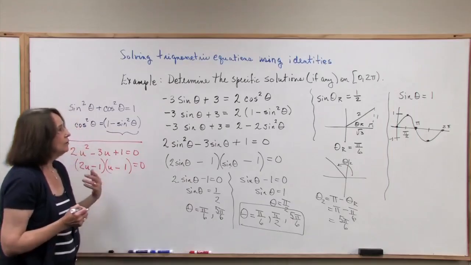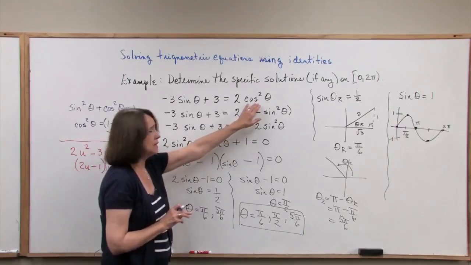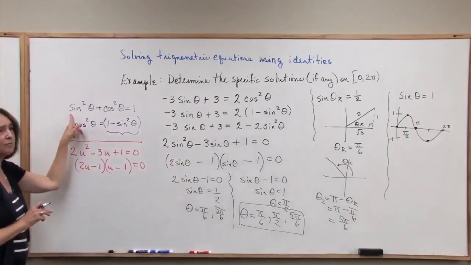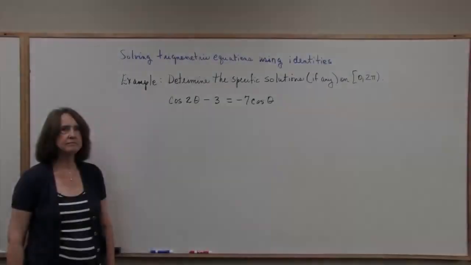Again, to solve this equation using identities, we made a substitution for cosine theta from our Pythagorean identity.